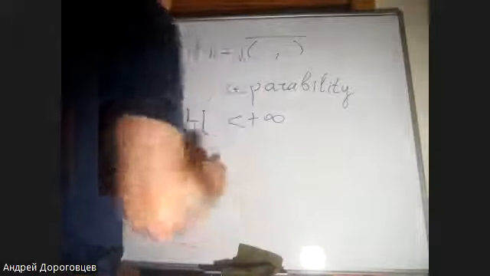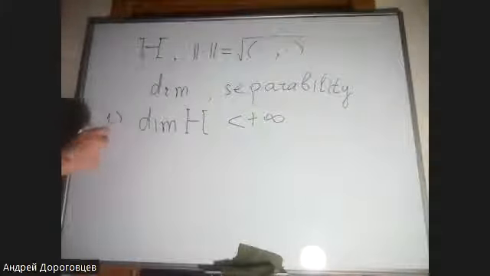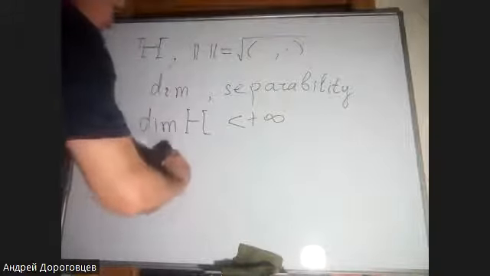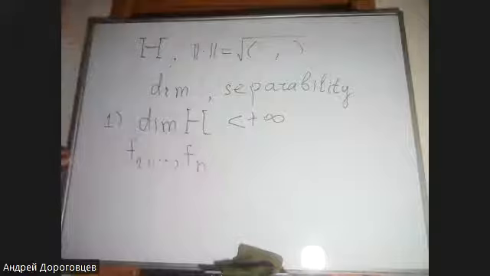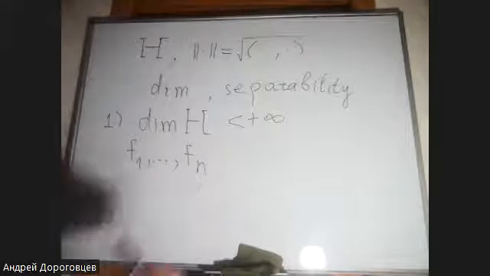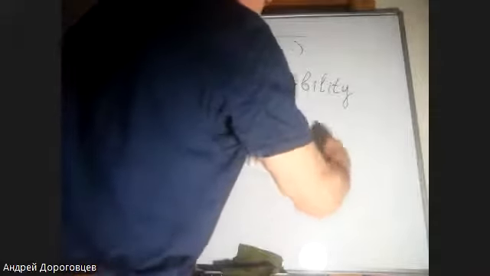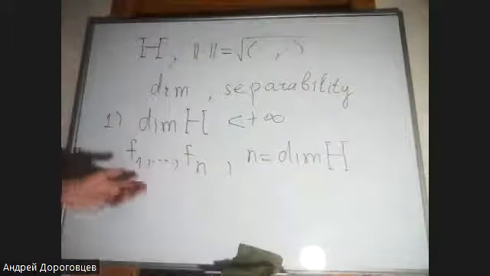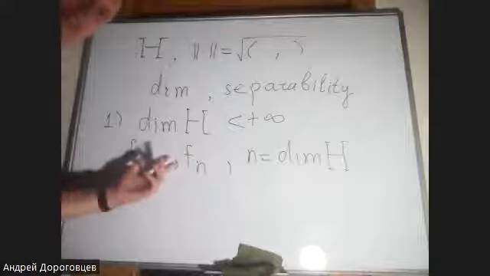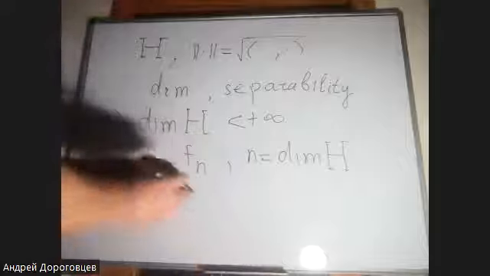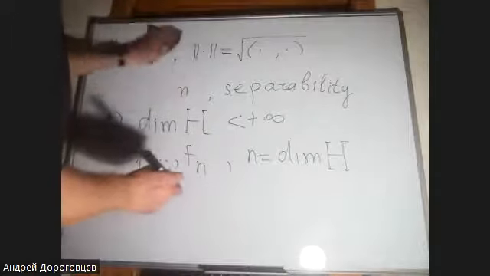In this case, we definitely have a maximal linear independent system such that n is the dimension of H. And it was interesting to understand how we can write any element of H in terms of Fn. And we obtained a nice formula based on the Gram determinant.